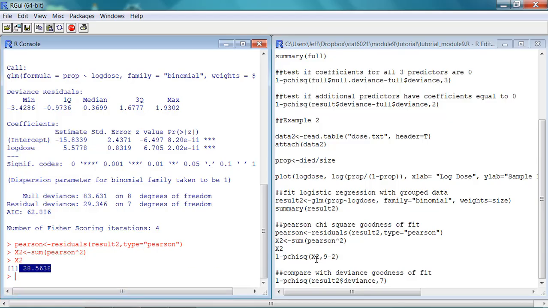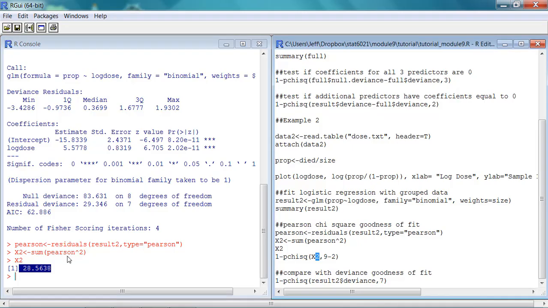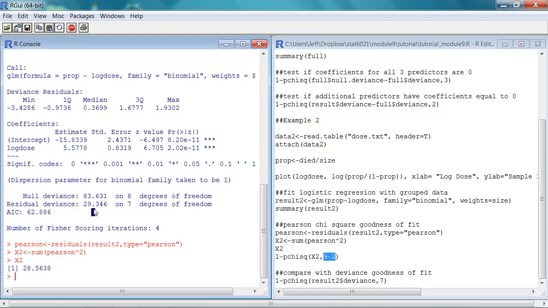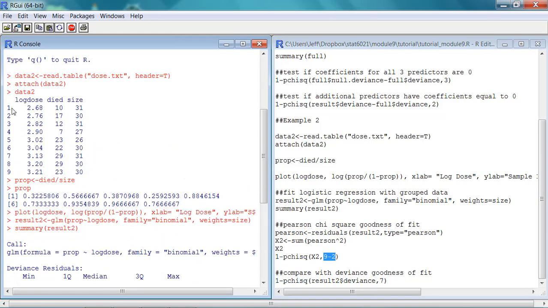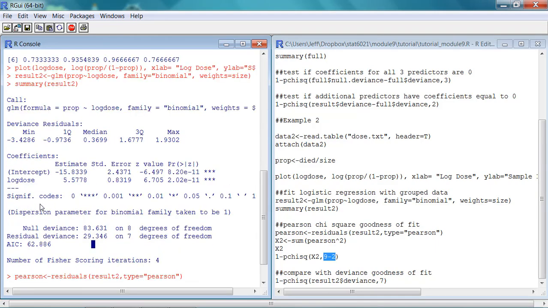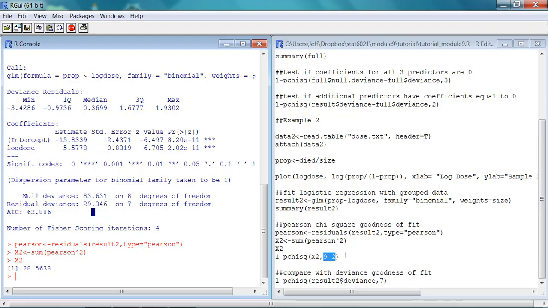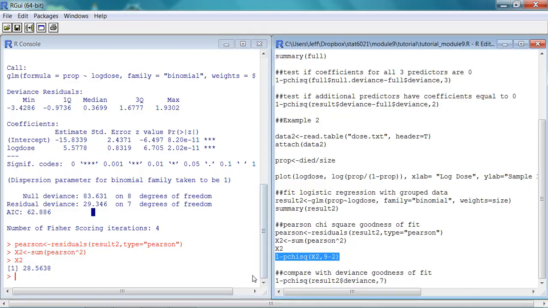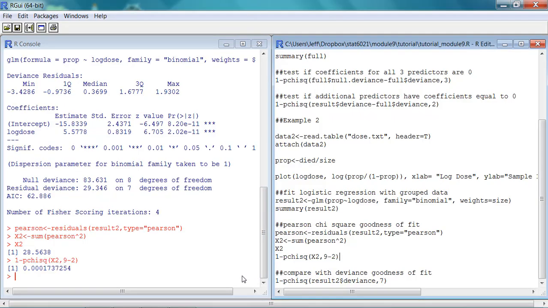The degrees of freedom is going to be n, the number of groups we have, which is 9, minus 2 because we have two coefficients, one for the intercept and one for the slope. That's how we find the p-value associated with this Pearson chi-square goodness of fit test.